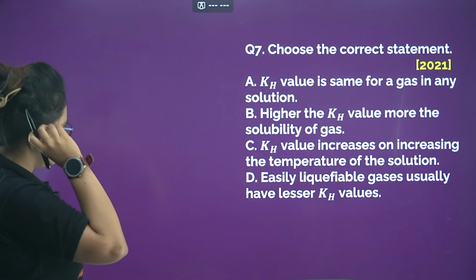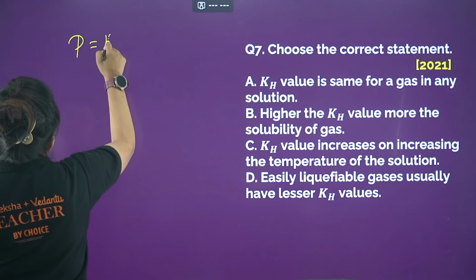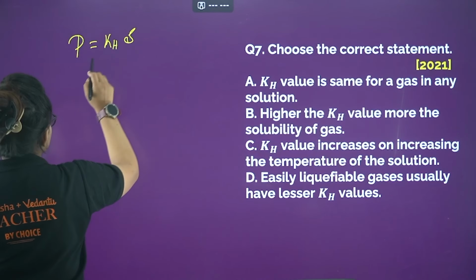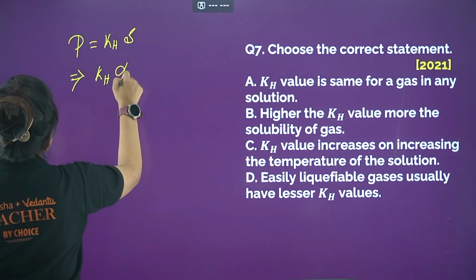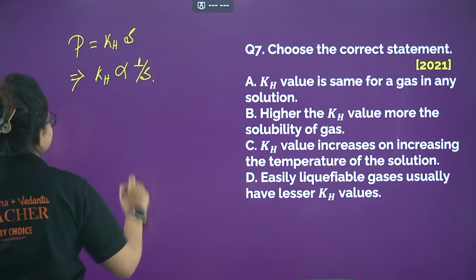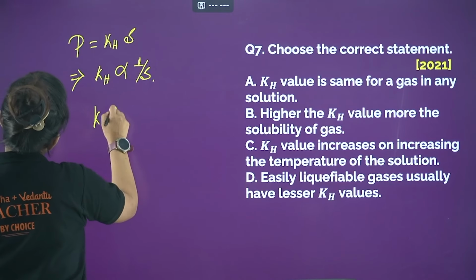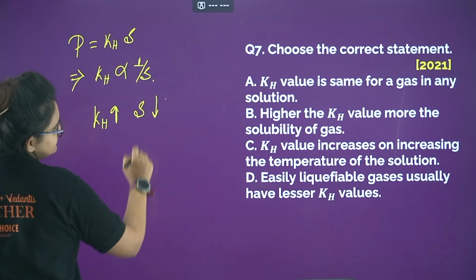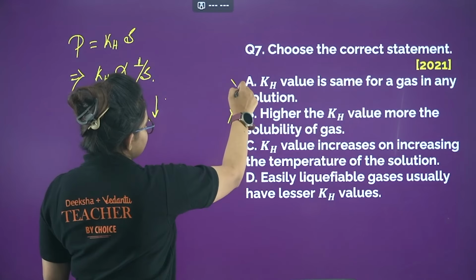Henry's equation is P equals KH into solubility, so KH is inversely proportional to S. If KH increases, solubility should decrease. So this one is definitely wrong.